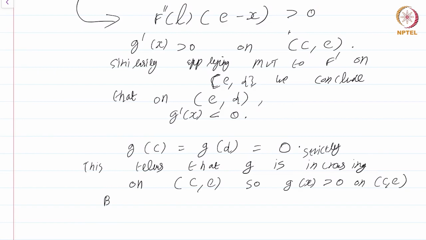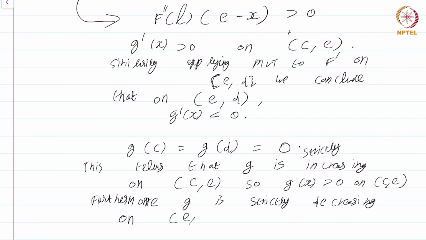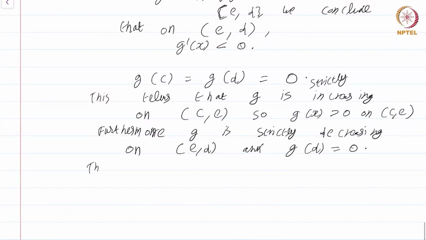And furthermore, g is strictly decreasing on the interval (e, d), and g of d is 0. Okay, that we already know. This forces g to be greater than 0 on (c, d).